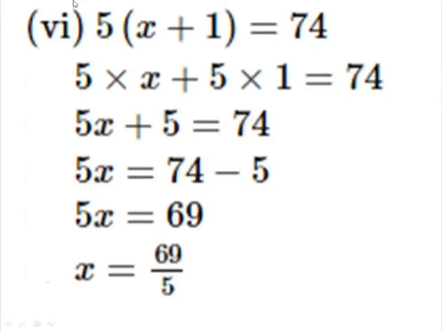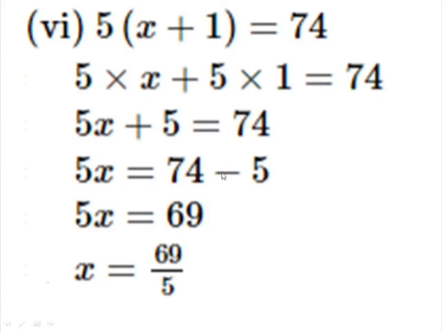Now example number 6. 5 into x plus 1 is equal to 74. Now here, that is, you are multiplying a monomial by a binomial. So we will multiply 5 with x first, then 5 with 1. So you will get 5 into x is 5x, 5 into 1 is 5, is equal to 74. Now 5 is in addition, we will bring this constant on the other side, that is right hand side.